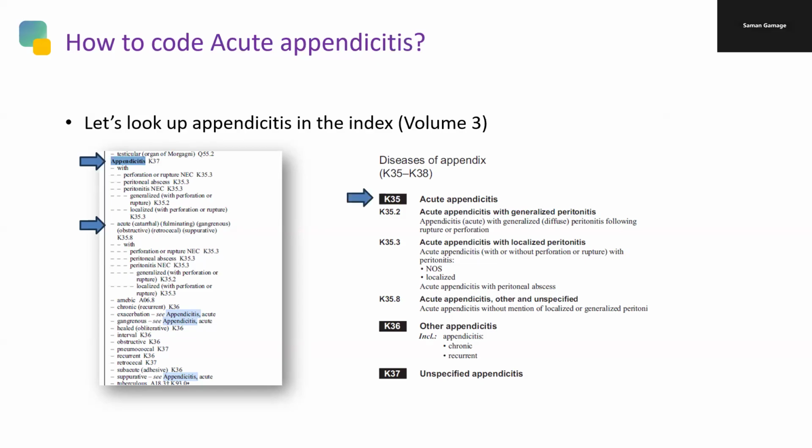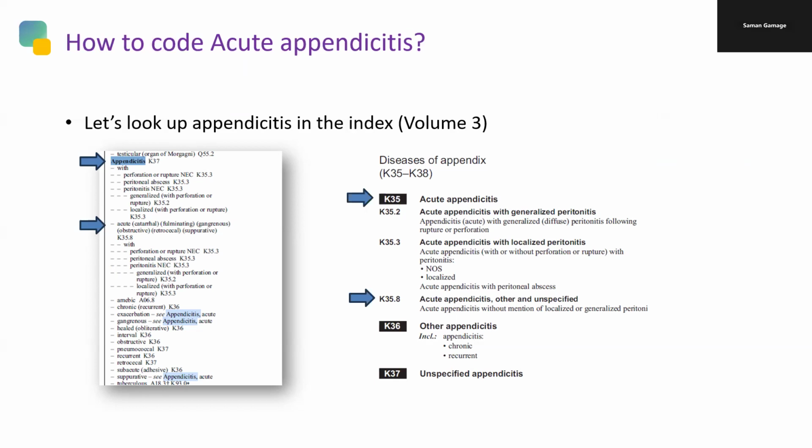And the code for acute appendicitis is K35.8. If you check in volume 1, under the block diseases of appendix K35 to K38, you find K35 acute appendicitis. And acute appendicitis is not specified because we are not told whether it is appendicitis with peritonitis or not.